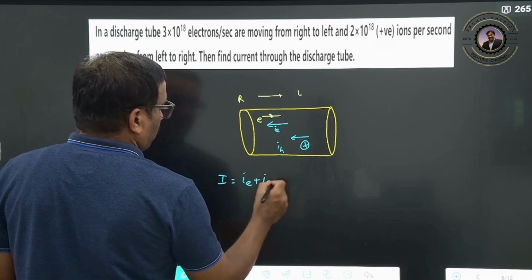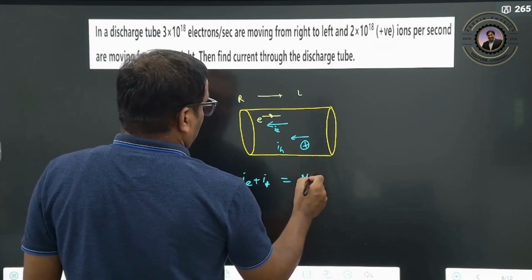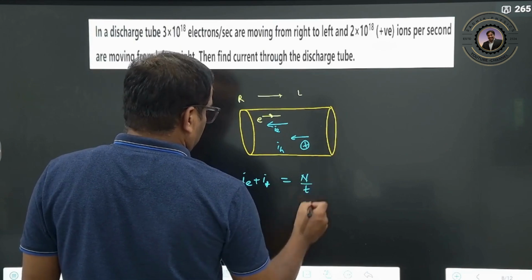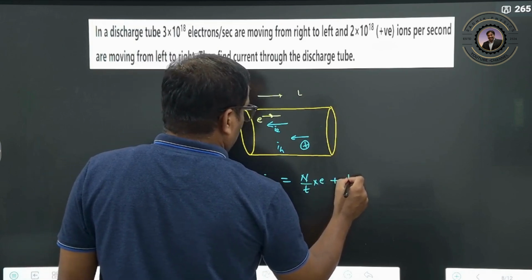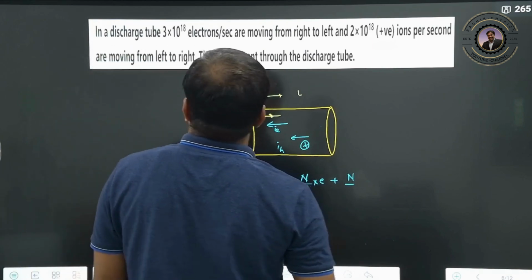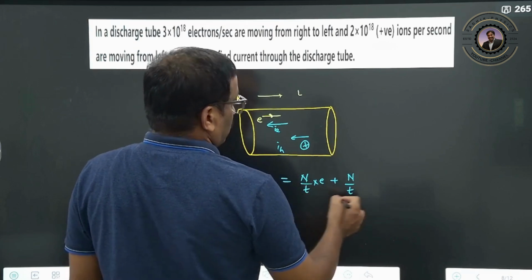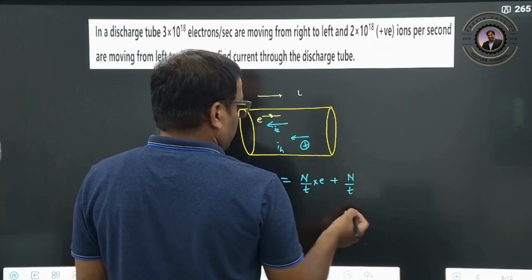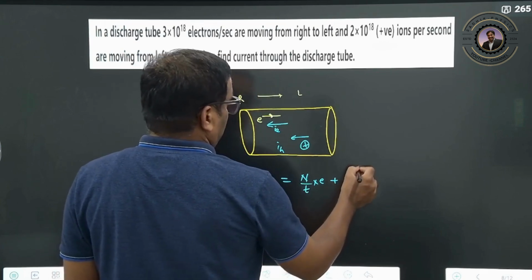So current can be written as the number of electrons per unit time into the charge of the electron, plus the number of charges per unit time. Positive ions are also positive charge, so this is n dash by t dash.